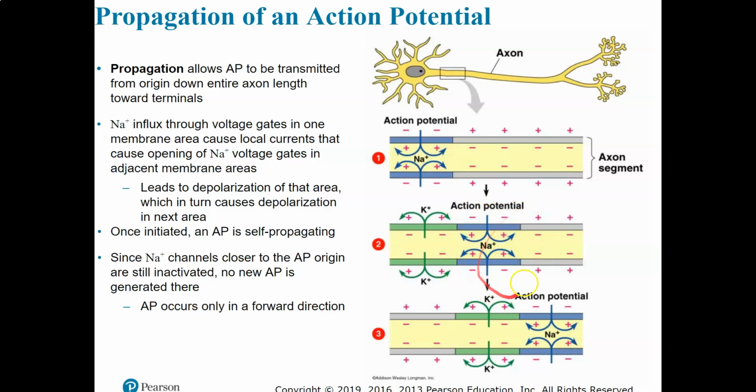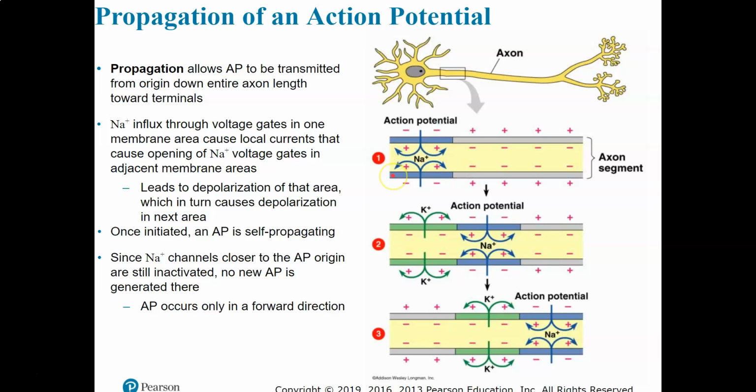Note, while this area is depolarizing, the previous section is actually repolarizing. Sodium channels are closed and inactivated. Potassium channels are open. So, this is going to prevent the backward spread of an action potential.